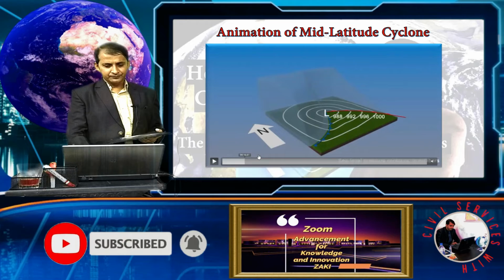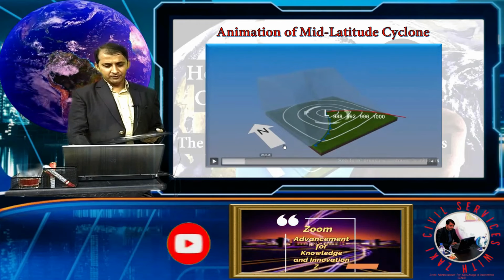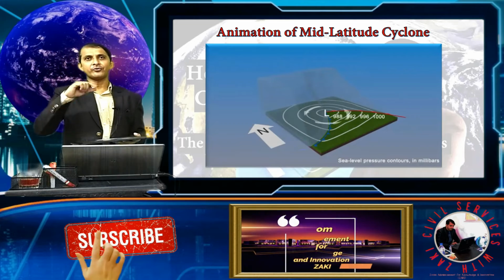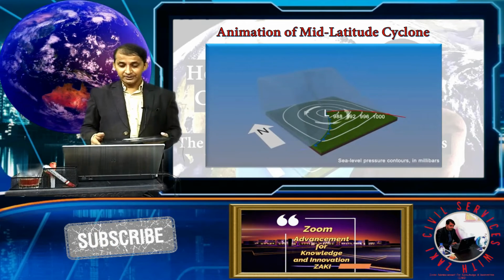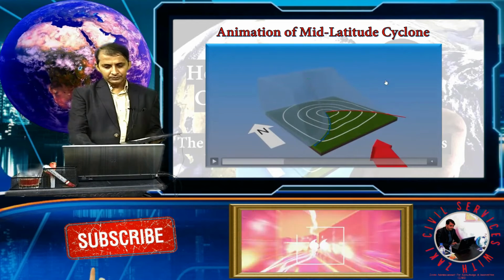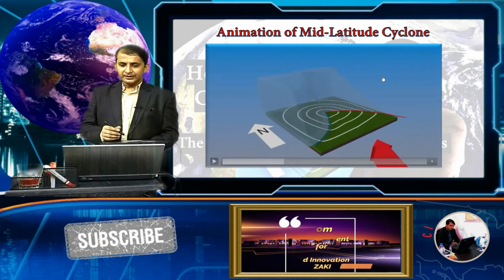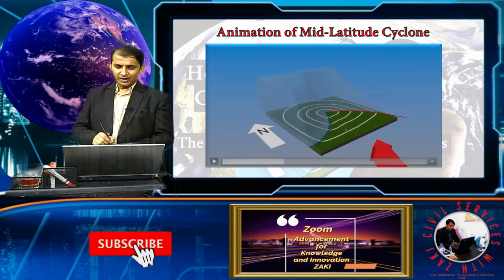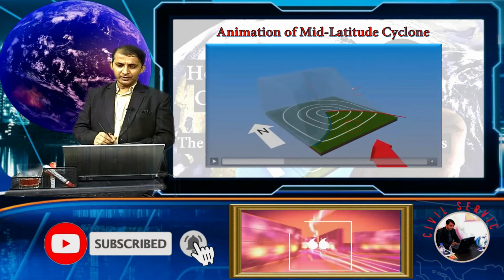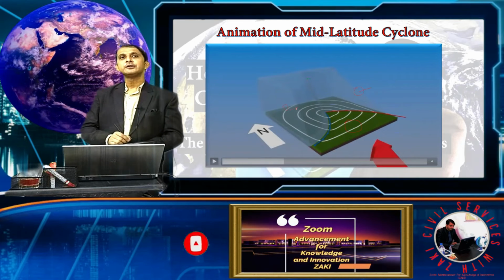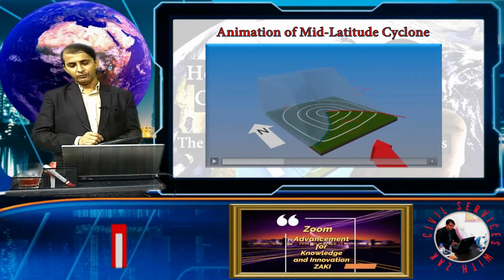See here, in the northern hemisphere it rotates anti-clockwise, as you know. This is the warm front, this is a cold front, and this is also a cold front, but this one is more cold and this one is less cold, or cooler.